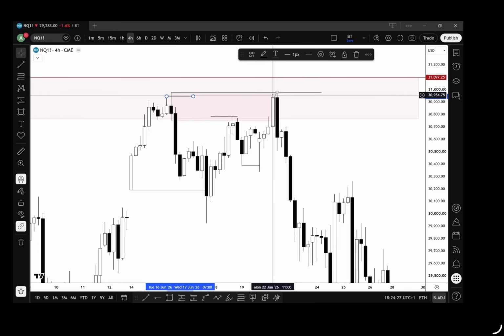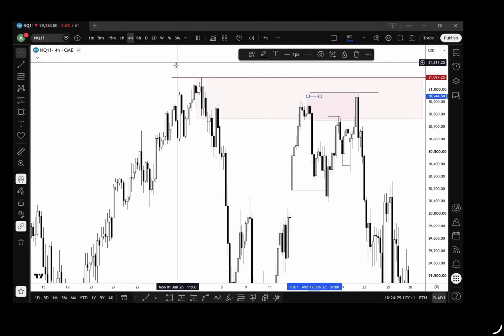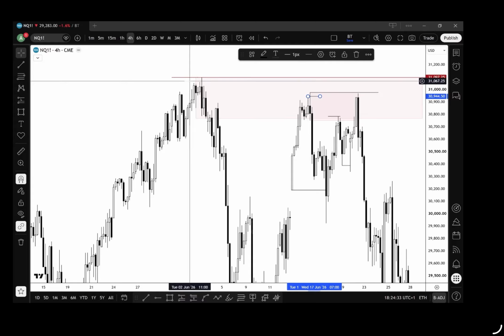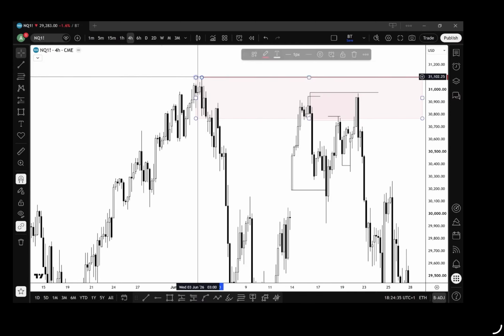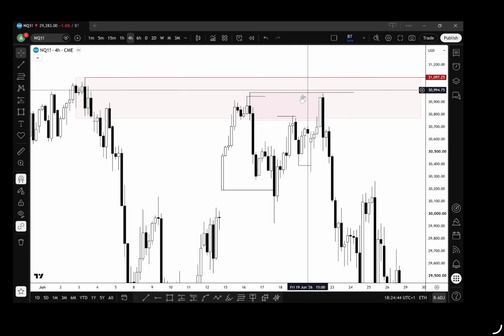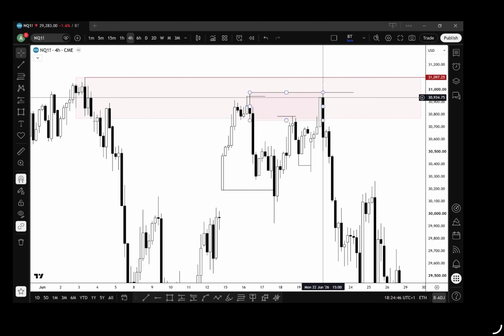Now this isn't a short that I'd be taking. Why? Because I can see how we've already broken to the downside, indicating to me that we have liquidity above. So there is no way that I'd be taking that short, especially leaving those highs intact. If it spiked and took those highs, I might have taken a low risk position.